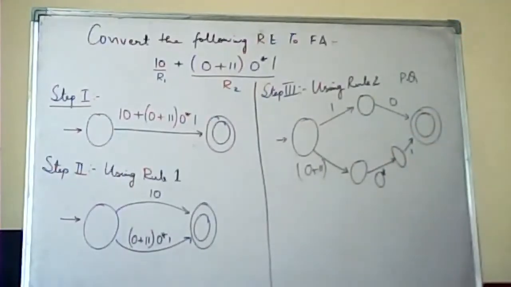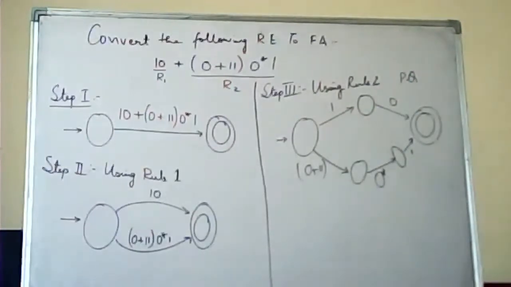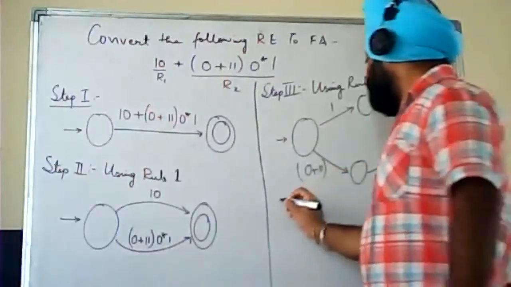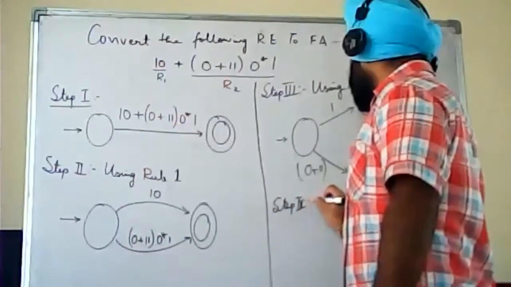This representation is according to rule number 2, which is for P dot Q, right? So this is your step number 3.